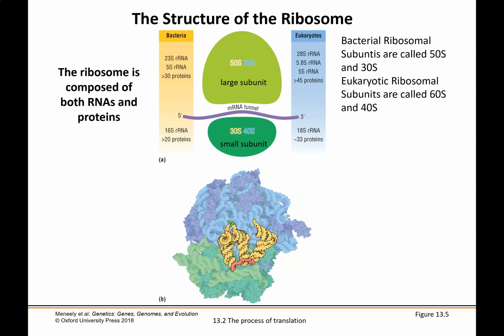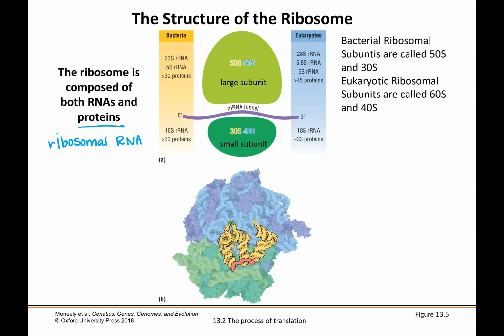So again, the ribosome is made up of two parts, but the ribosomal subunits are made up of both RNAs, ribosomal RNA, that's one of our functional RNA molecules, and proteins.